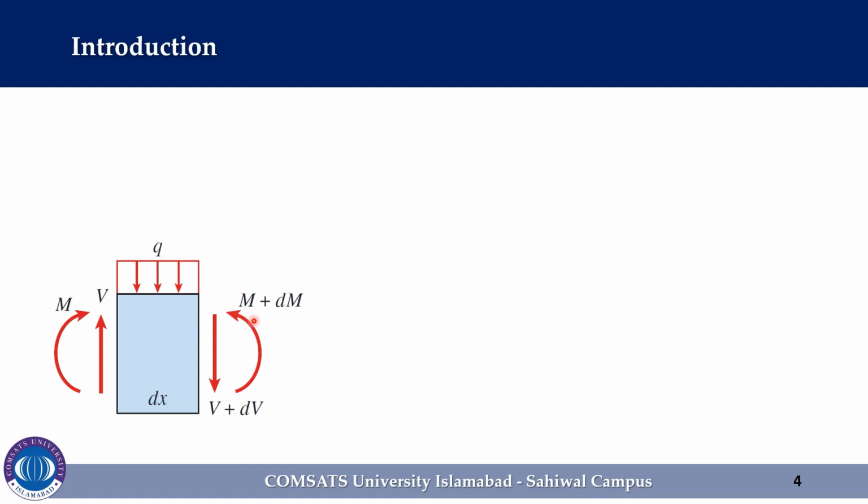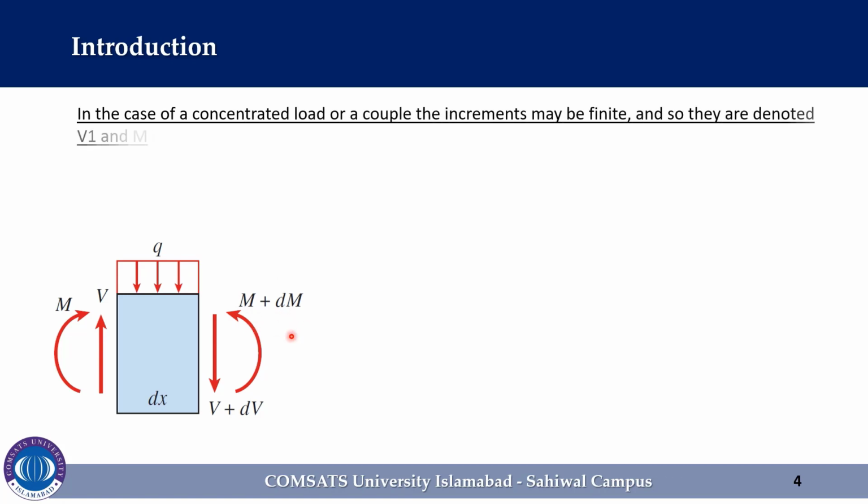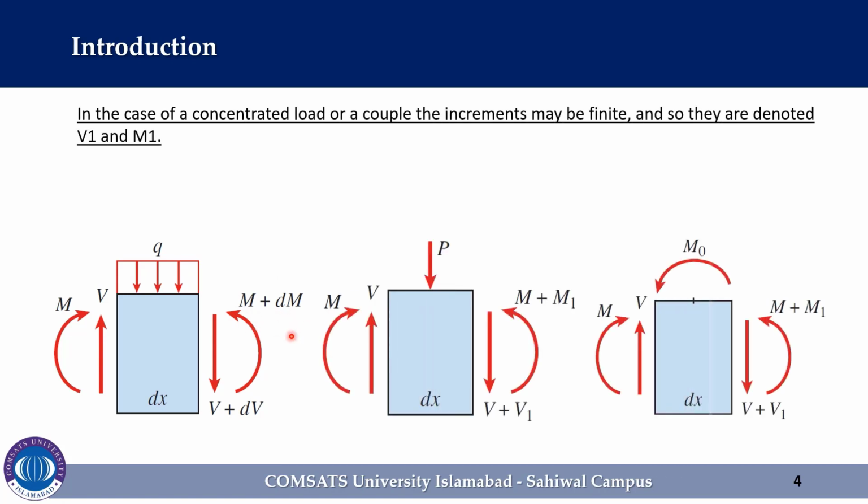In the case of a concentrated load or a couple, the increments may be finite, and so they are symbolized with V1 and M1. The corresponding stress resultants on the right-hand face are V plus V1 and M plus M1. Here V1 and M1 actually represent the increments in shear force and bending moment.